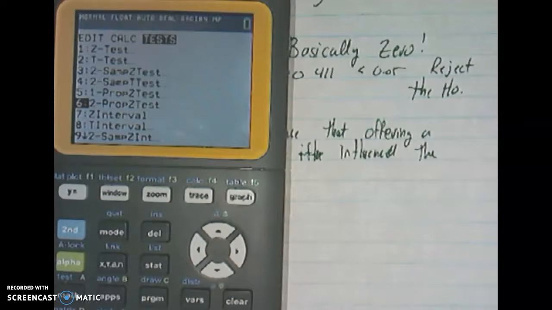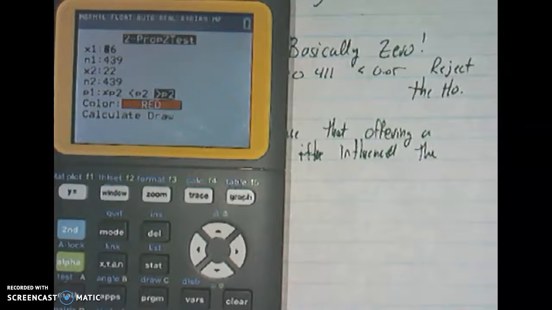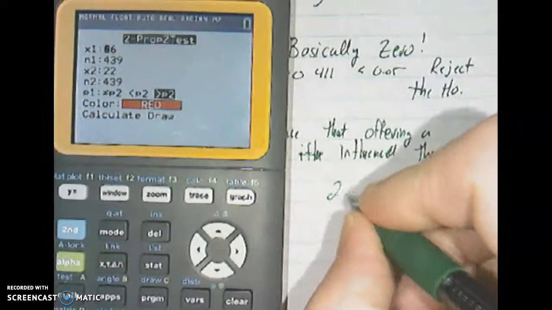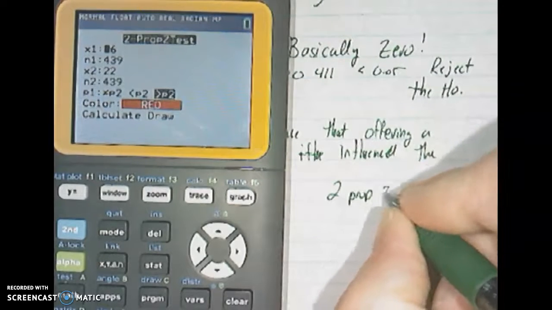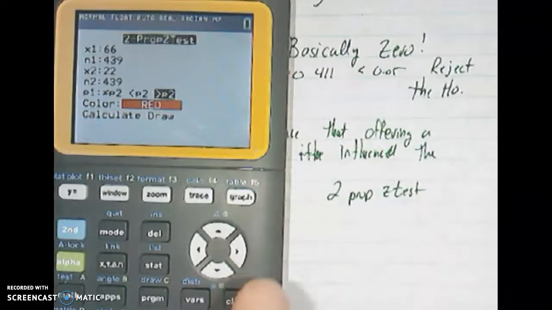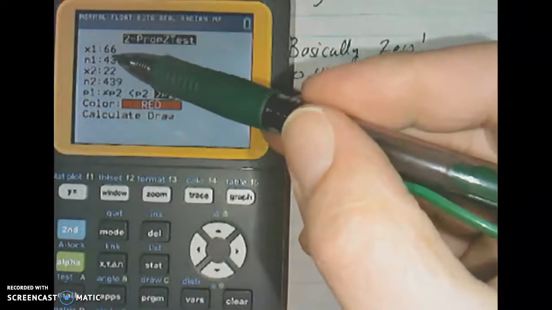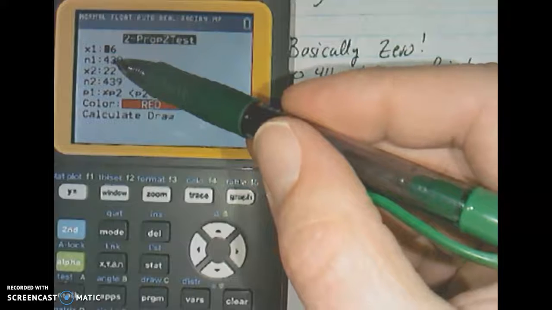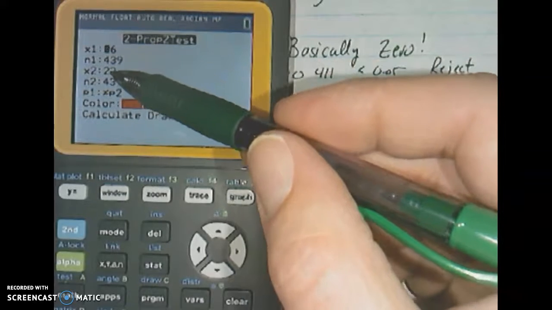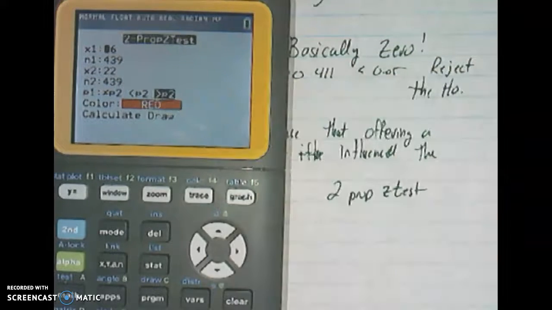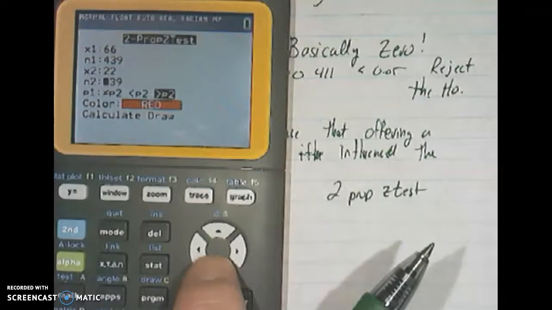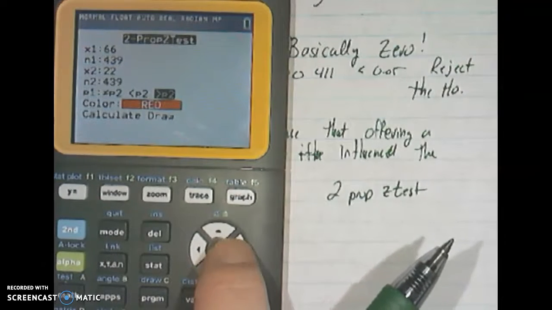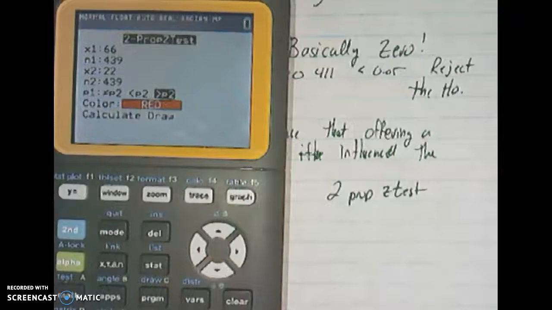We're doing a 2-prop z-test. All right, I put in 66 for the financial group. I put 439 for its sample size. 22 is the successes in our traditional group, and move down, 439. I want greater than, so I'm going to calculate.